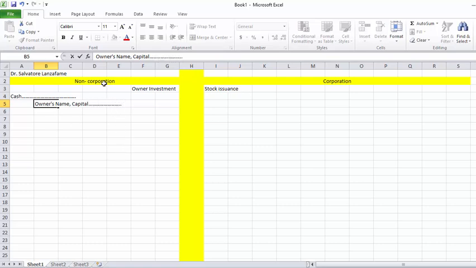So that's the typical journal entry. Let's say the owner invested $10,000. That's what the journal entry would look like for the initial investment.